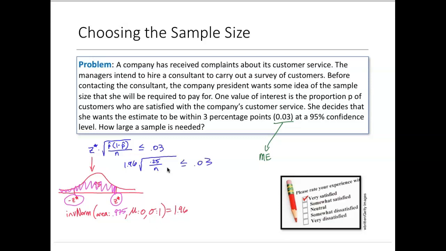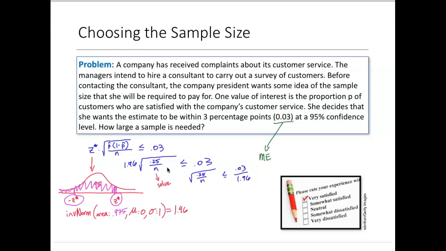And now we're ready to solve for our unknown. We want to solve for n, so a little trip back to algebra 2 for you here. First thing I would do is divide out the 1.96, so I end up with 0.25 over n is less than or equal to 0.03 over 1.96.